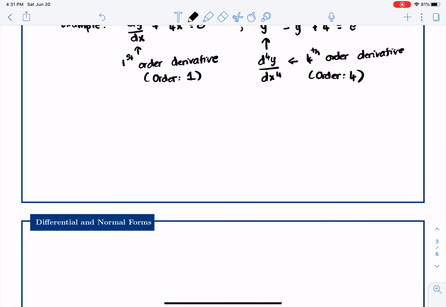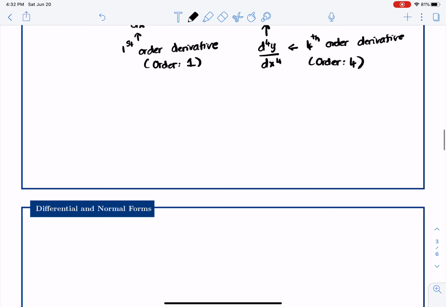Just like polynomial functions where we have a degree, which is the highest power of the independent variable in an equation or in a function, a polynomial function, we could define the degree of a differential equation.